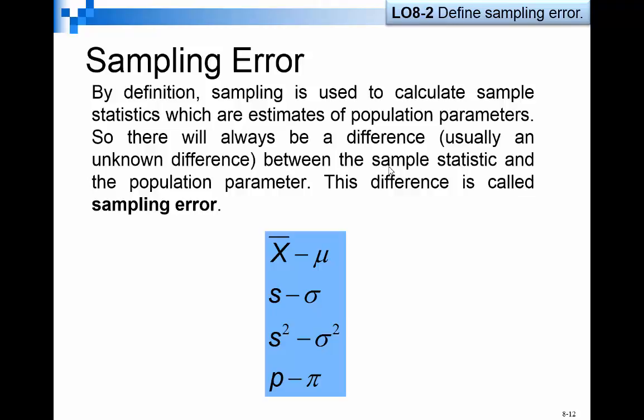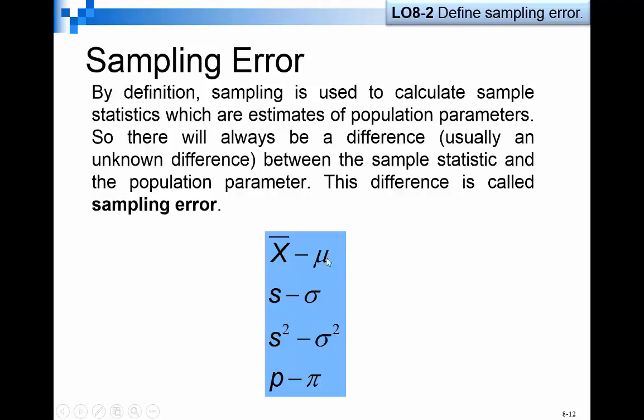Recall our discussions of statistics and parameters, and we said that examples of population parameters are things like the population mean, or the population standard deviation, or the population variance, or the population proportion, and a statistic refers to that same parameter being obtained from the sample.